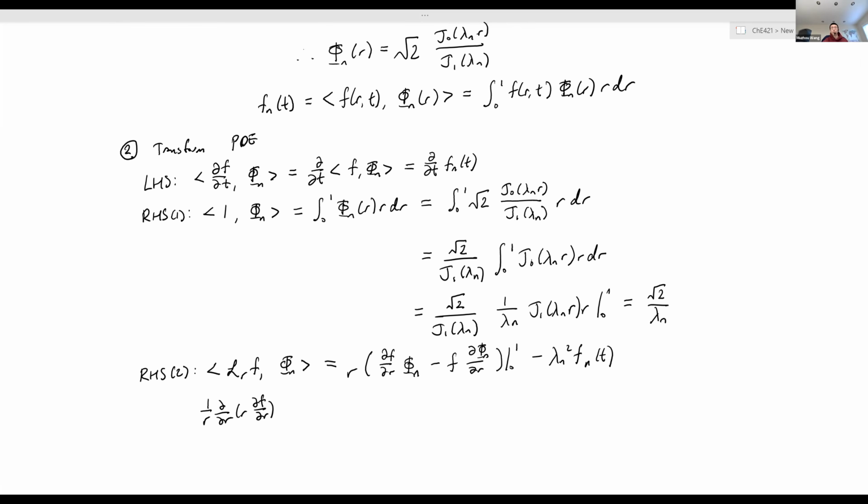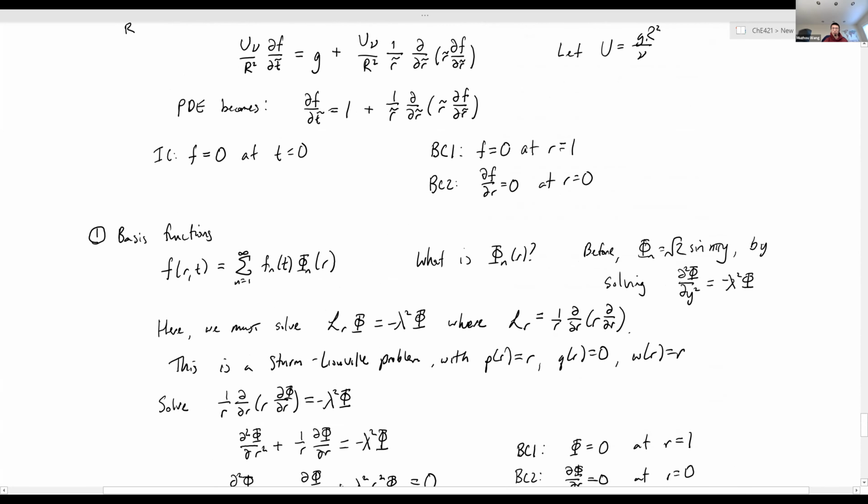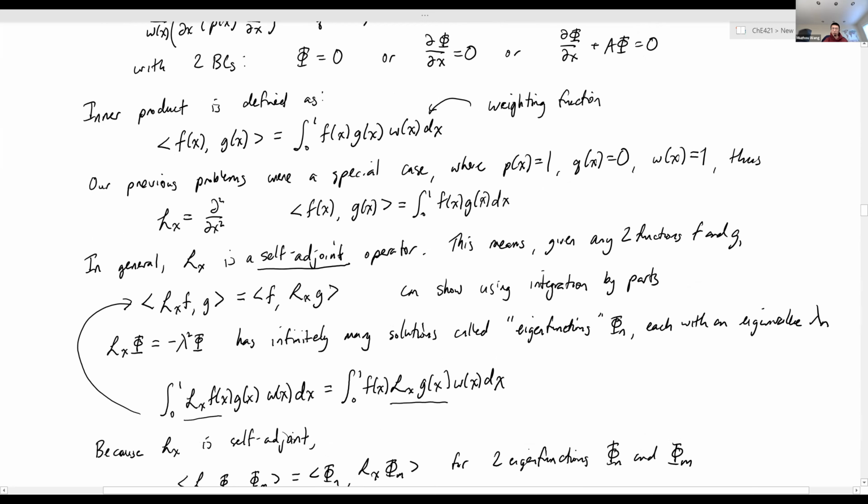If you don't believe me, we talked about this a little bit on Friday. In general, in the Sturm-Liouville case, for a general operator, sorry, I'll scroll down just a second if you guys haven't copied that down yet, it's okay.